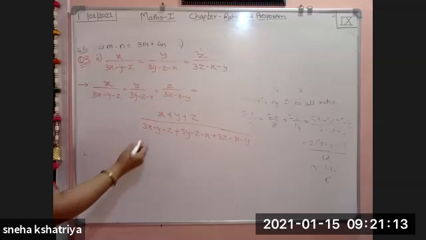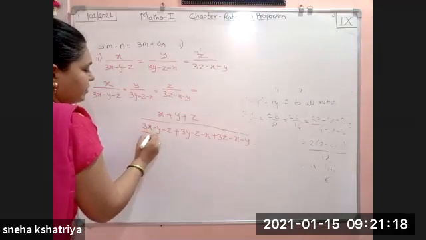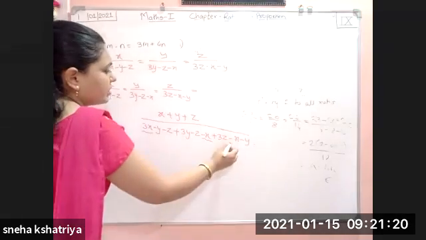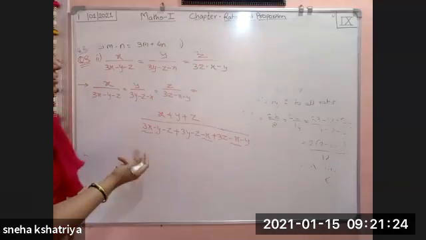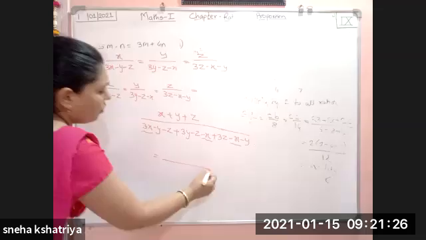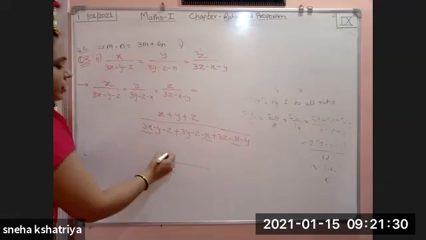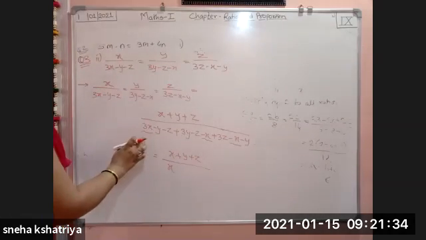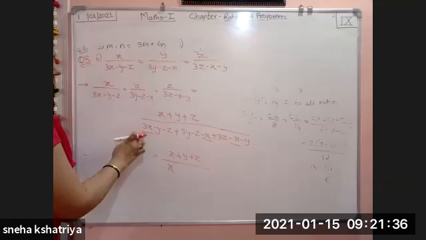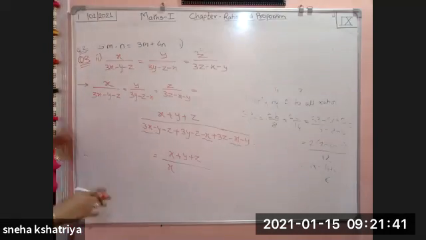Now see here 3x minus x minus x. This is x term, this is x term, this is x term. Okay. From 3, 2x will be subtracted, so what will remain? Only x will remain. At the numerator it is as it is, x plus y plus z. At the denominator what will happen? 3x minus x minus x will get cancelled.